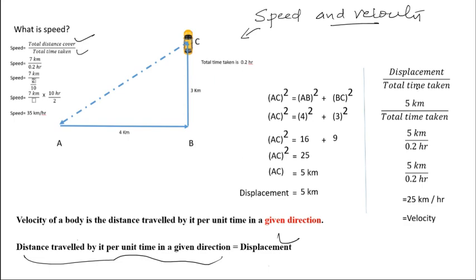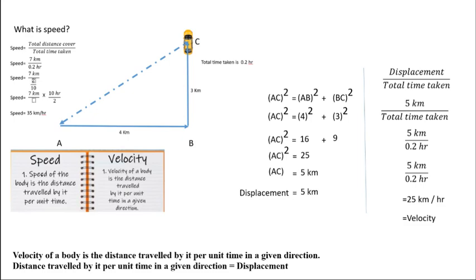But velocity is distance covered in unit time in a given direction. So this is added here, right? So we can write here, speed of the body is the distance traveled by it per unit time, and velocity of the body is distance traveled by it per unit time in a given direction. Please remember this.